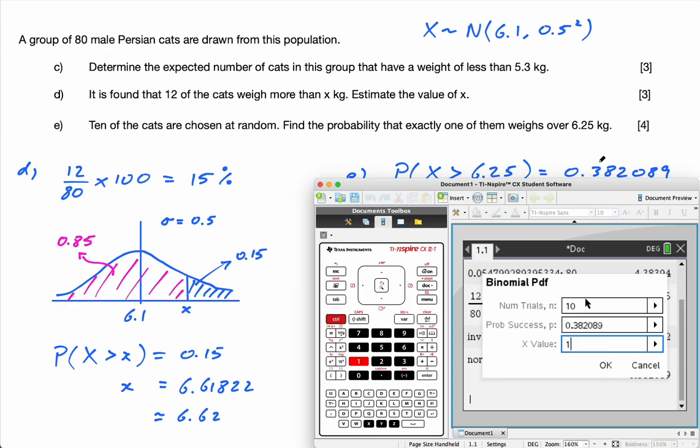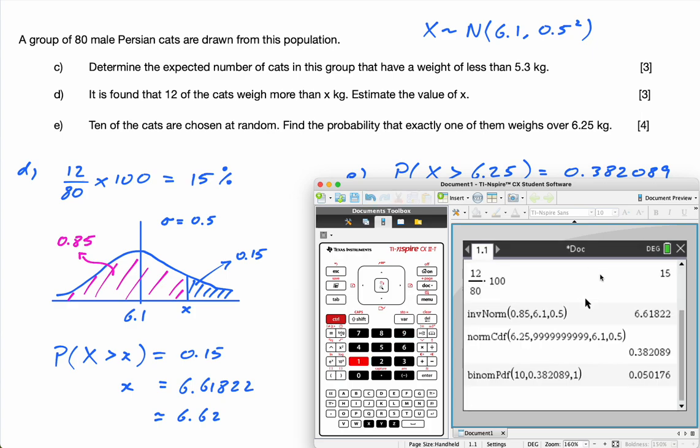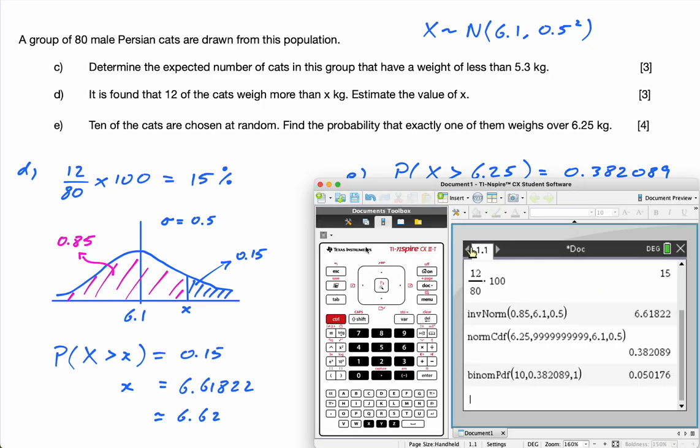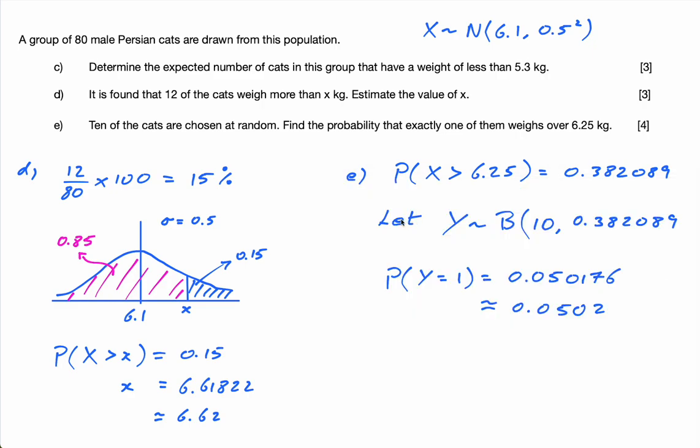The x value is 1. Press enter. And this is it, 0.050176, or 0.0502 to 3 significant figures. All good. Right, that is question 4 finished.